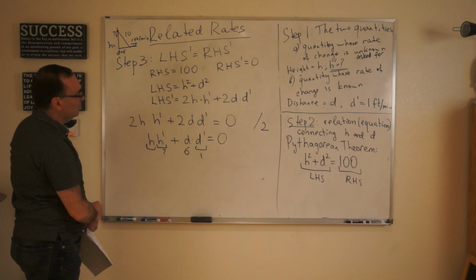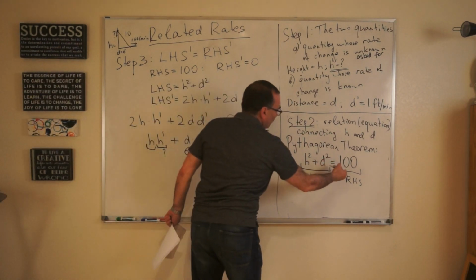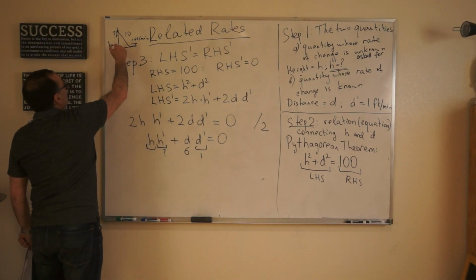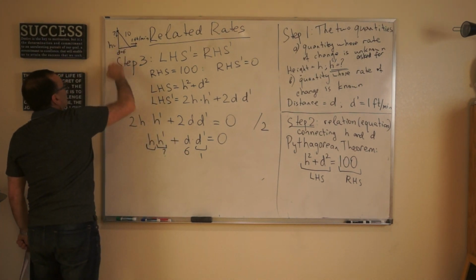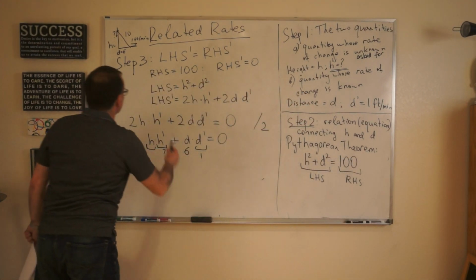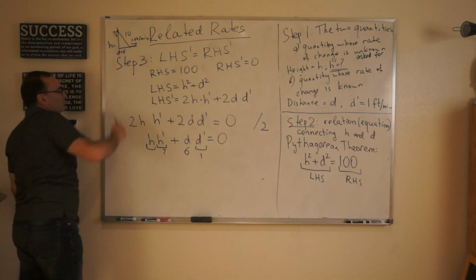Well, we can find that height if we go back to the Pythagorean theorem, the equation that we started with, and plug in the given distance. This equation holds for any moment of time, specifically at that very moment that we are studying.